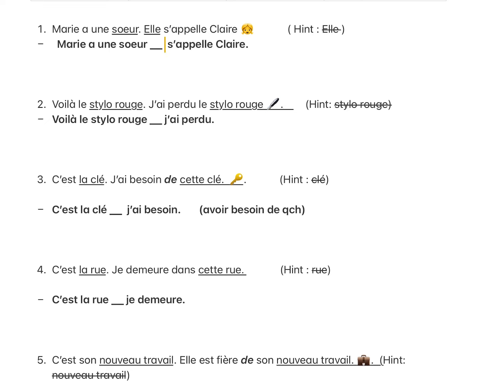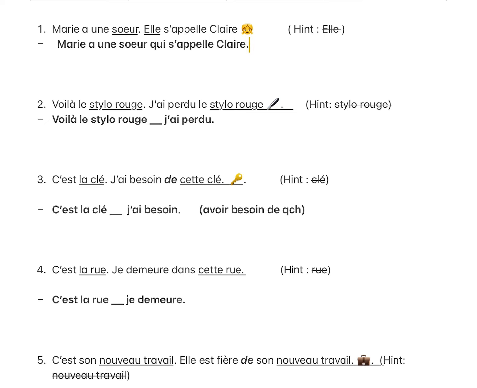So what follows the blank is s'appelle, which is a conjugated verb. So our answer here is qui. Marie a une sœur qui s'appelle Claire. Marie has a sister whose name is Claire.